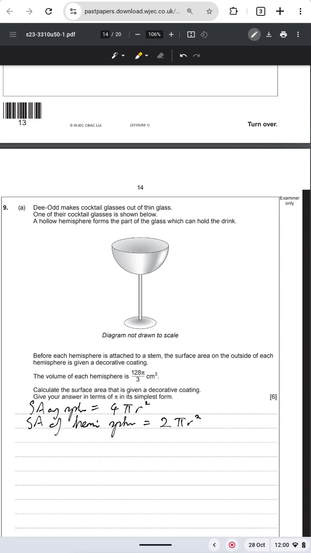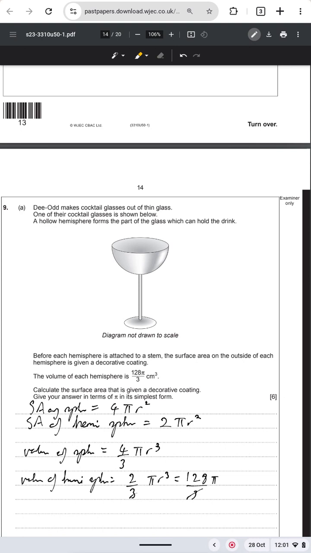The problem is we don't have r, so this is where we need to use the volume. The volume of a sphere is equal to 4 over 3 pi r cubed, which means the volume of the hemisphere is 2 over 3 pi r cubed, which we know is 128 pi over 3.